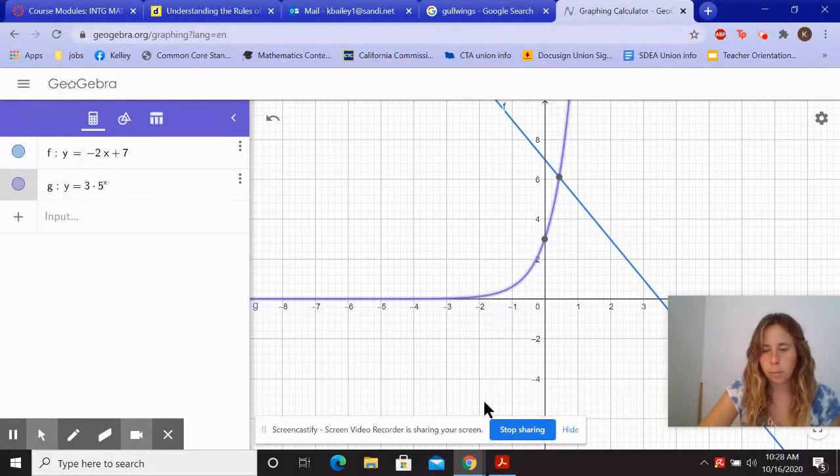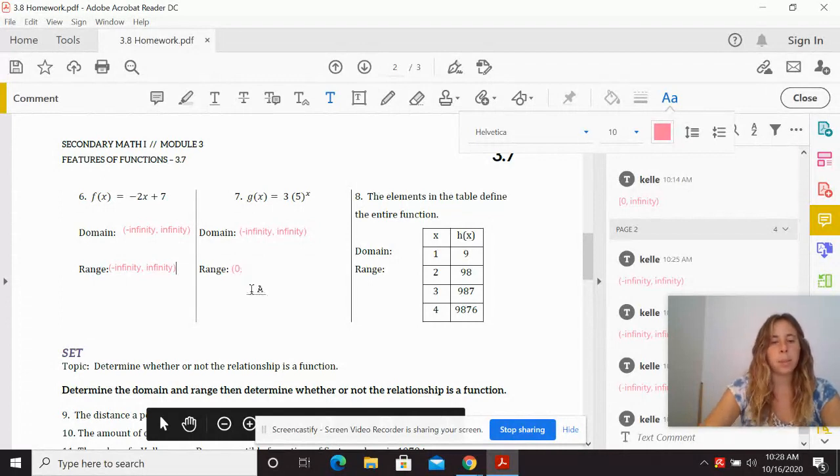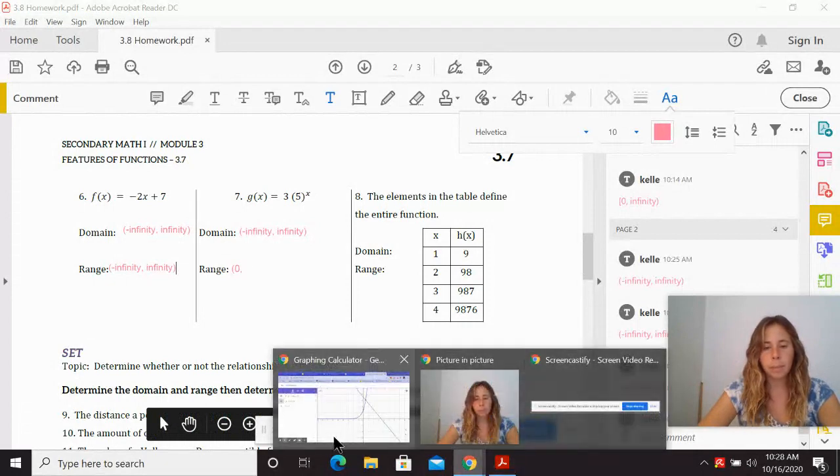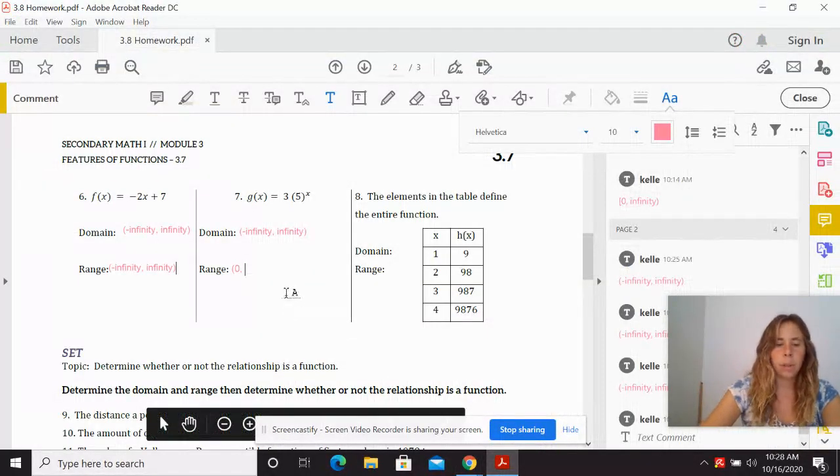So, homework. Your range, the lowest it's going to get is 0 with a parentheses because we're never actually going to get to 0. We're just going to get really close. And then we continue up forever, to infinity.